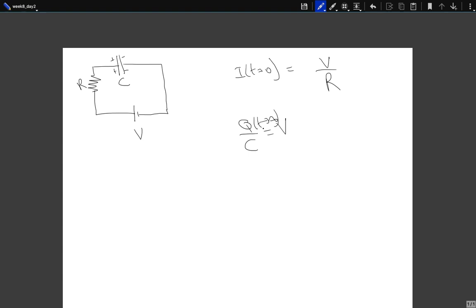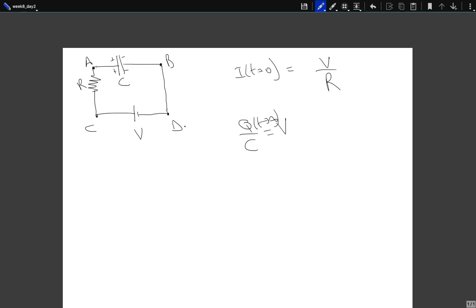You see, if Q over C is V, the potential difference between the points A and B is V, and the potential difference between the points C and D is also V. But D and B are at the same potential. So it tells me that A and C are also at the same potential. So there's no potential change across the resistor.